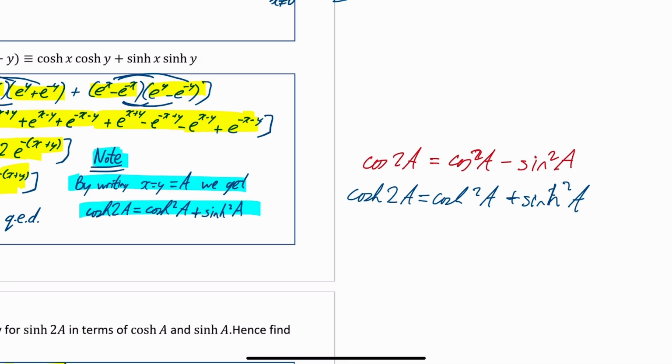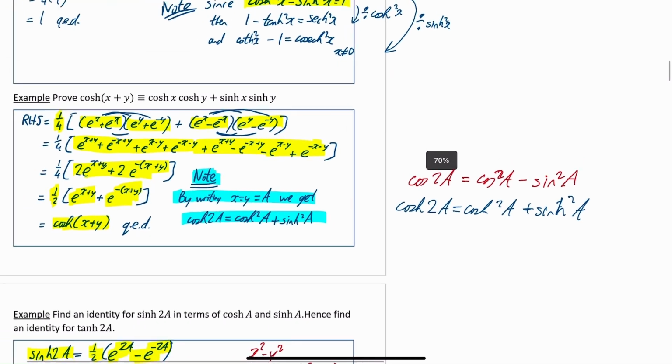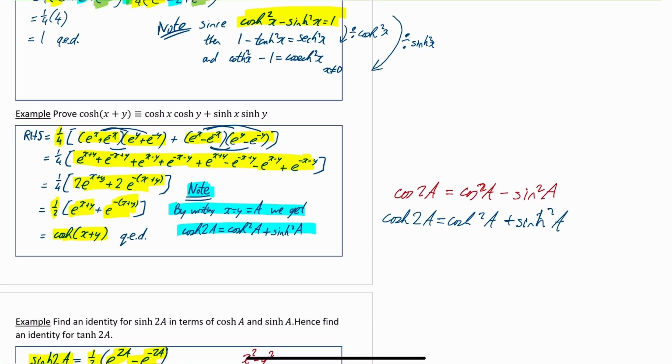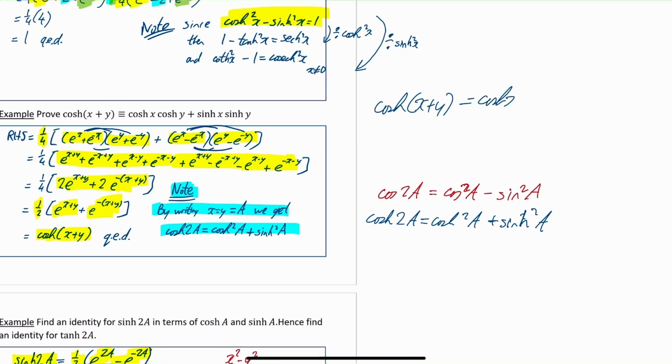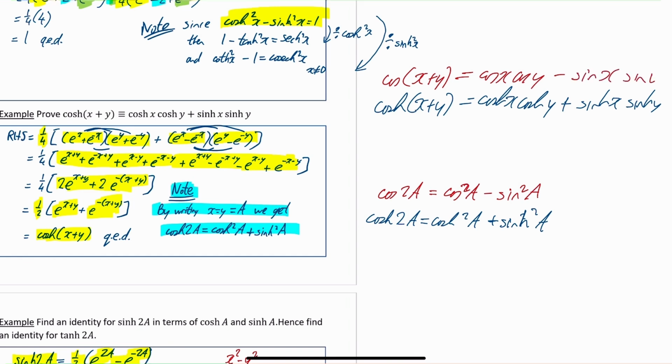Okay? Likewise, if we look at our hyperbolic cos of x plus y, it worked out to be hyperbolic cos of x, hyperbolic cos of y, plus hyperbolic sine of x, hyperbolic sine of y, whereas the circular function of it was cos of x plus y is cos of x, cos of y minus sine of x, sine of y.